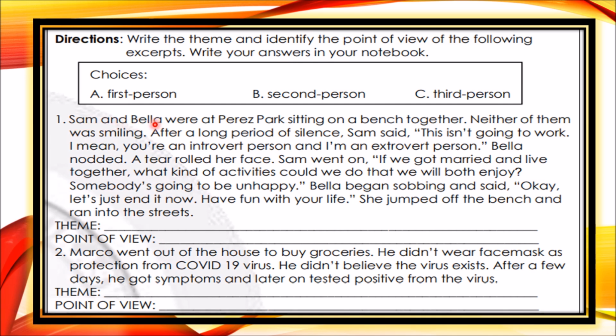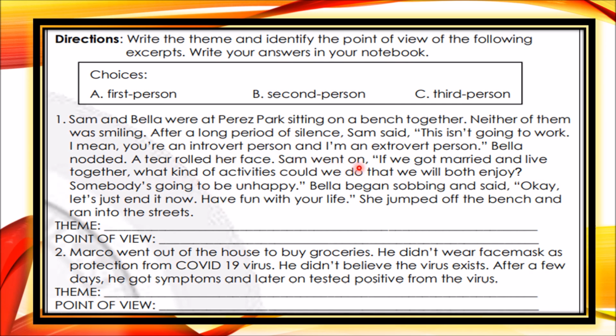Sam and Bella were at Paris Park sitting on a bench together. Neither of them was smiling. After a long period of silence, Sam said, "This isn't going to work. I mean, you're an introvert person and I'm an extrovert person." Bella nodded. A tear rolled down her face.